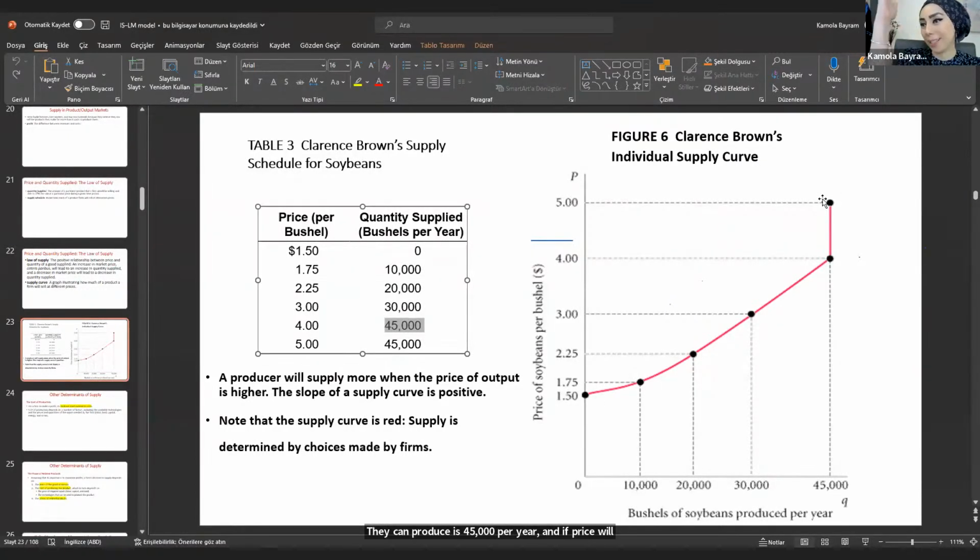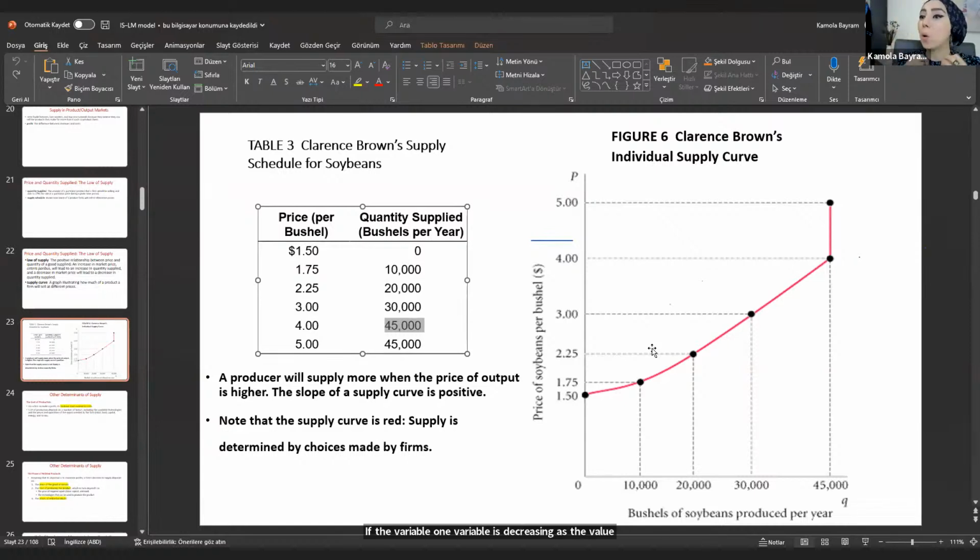It's going stable, right? So a producer will supply more when the price of output is higher. The slope of the supply curve is positive. Again, positive correlation means if the value of one variable is increasing, the value of the second variable is also increasing. If the value of one variable is decreasing, the value of the other variable is also decreasing.